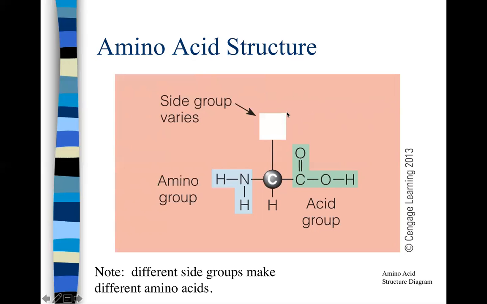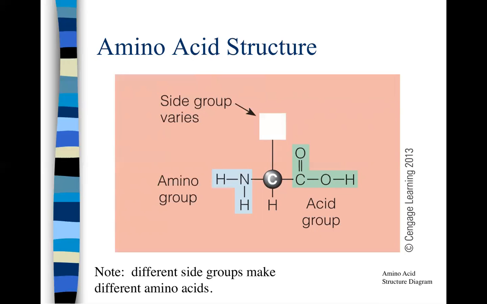And then what makes amino acids different from one another is the side group. So in this particular picture, there's nothing shown in the side group. The side group is just a white box, but the white box could represent a variety of different elements. So for example, in the simplest amino acid, in that white box would be just one hydrogen.